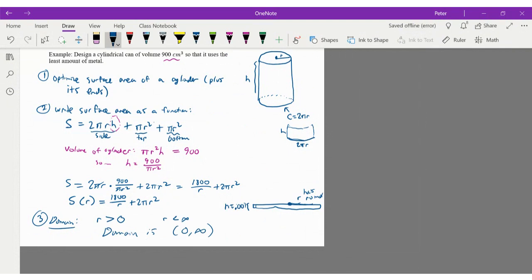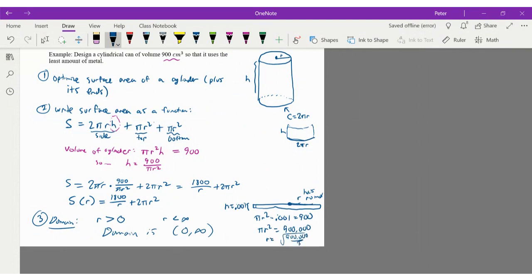I can still make a 900 cubic centimeter cylinder. I just have to make the radius very, very big to do that, because what I know is that pi r squared times the height of 0.001 still has to equal 900. So pi r squared is going to equal, dividing by 0.001, 900,000. Or r is going to equal the square root of 900,000 over pi.